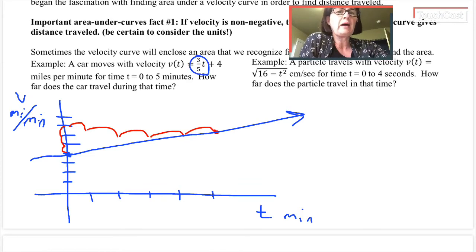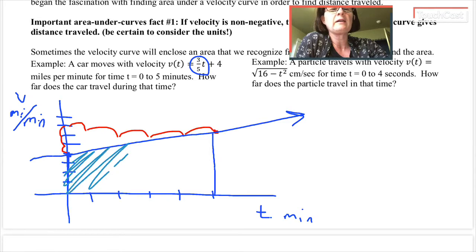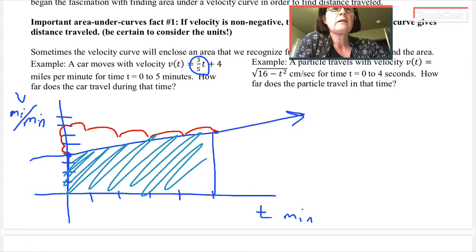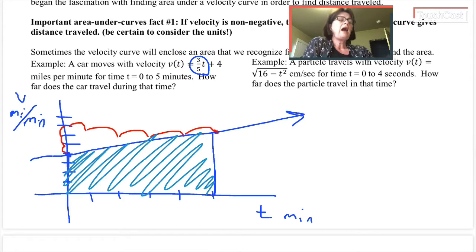And if I think about the area, that's time 0. This is time 1, 2, 3, 4, 5. If I think about shading in that area, I can recognize that as a trapezoid. So we'll have a little reminder about how to compute the area of a trapezoid.